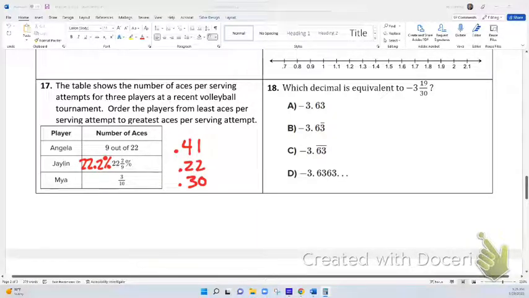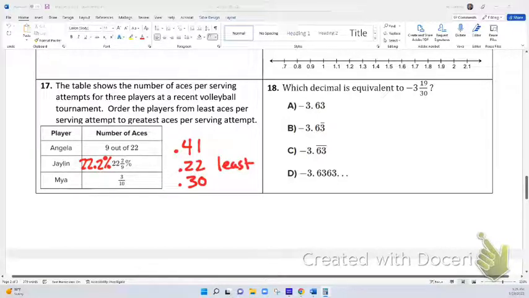And when I take a look at these, again, I'm ordering them from least aces to most aces, or to the greatest number of aces, I should say. So the person who got the least number of aces is the person who got the smallest amount. If you look at the first number after the decimal, we have a 4, a 2, and a 3. So Jalen got the least.